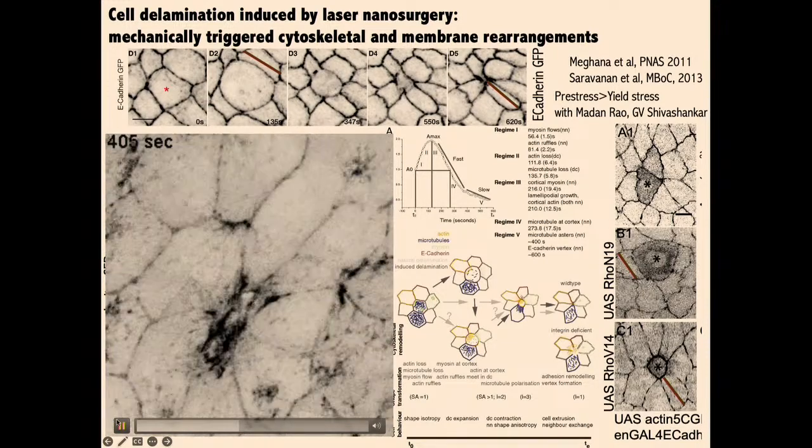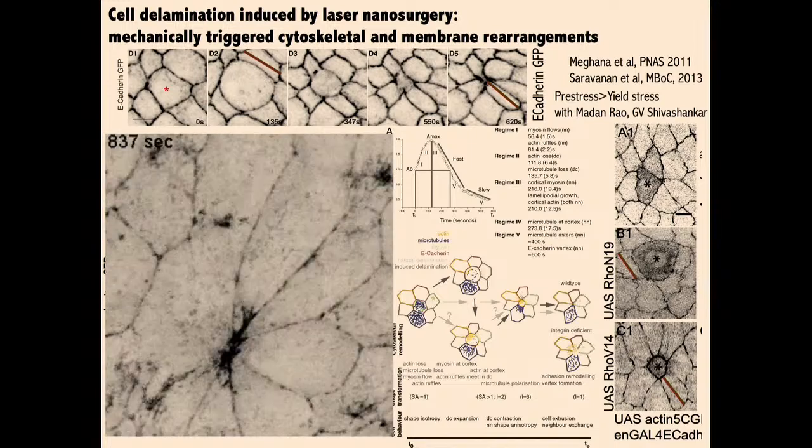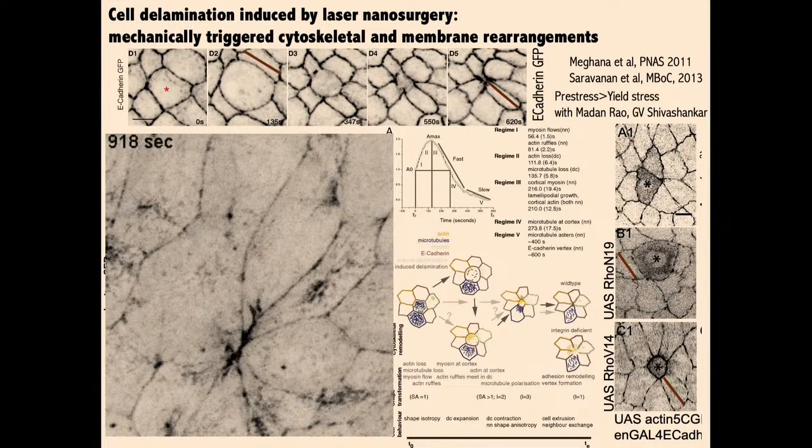This is the cell, you can see flows of myosin that enrich here. And so what this allowed us to do from the recoil or the expansion, the increase in area that accompanies the release of pre-stress, we were able to get some magnitude for the pre-stress and then argue that when the pre-stress exceeds or is equal to the yield stress, that's when cells might delaminate.